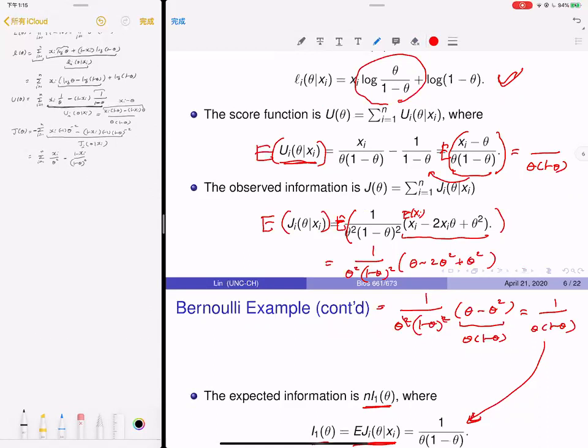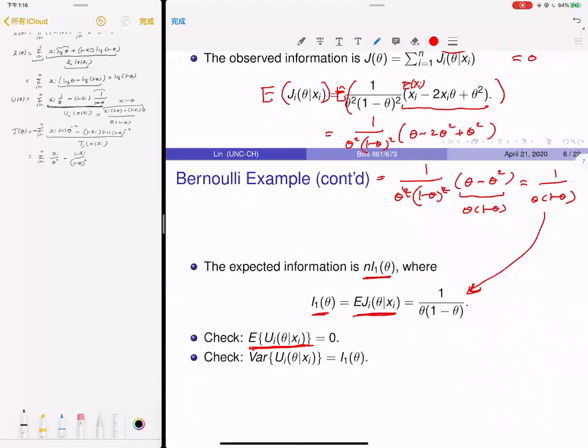Then in the numerator is E of xi minus theta. Then E of xi is theta because Bernoulli. Then theta minus theta, this guy becomes 0. No kidding. Exactly what I said: the expected value of the score function is 0.